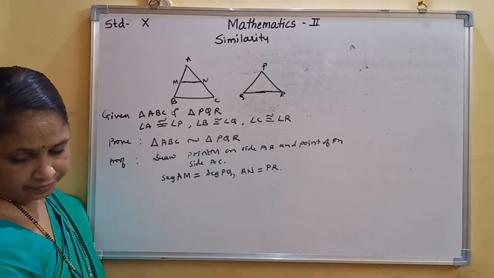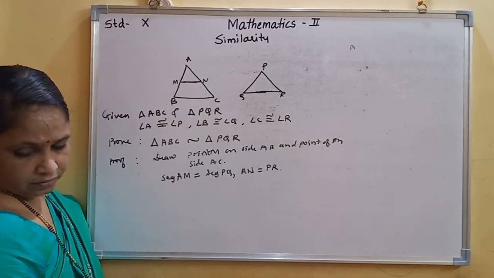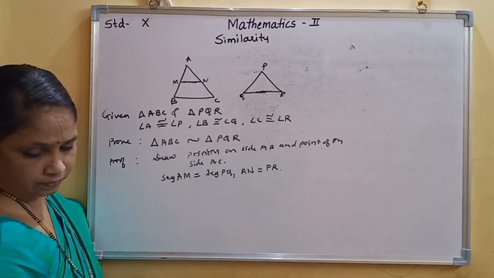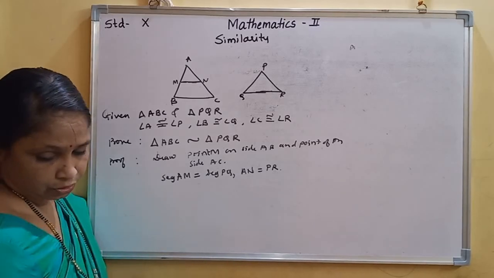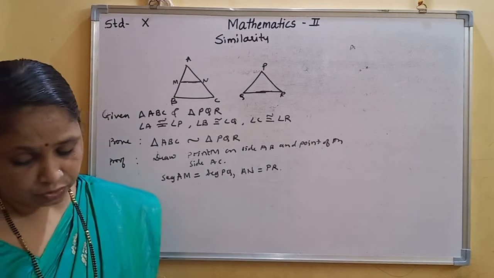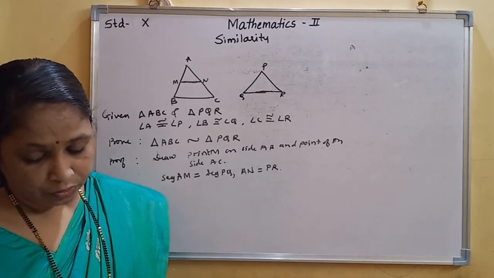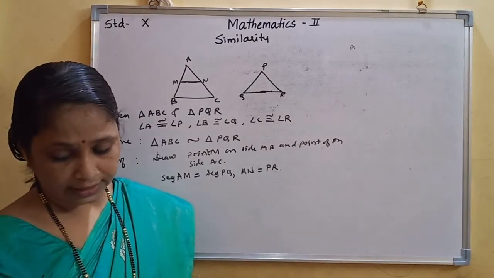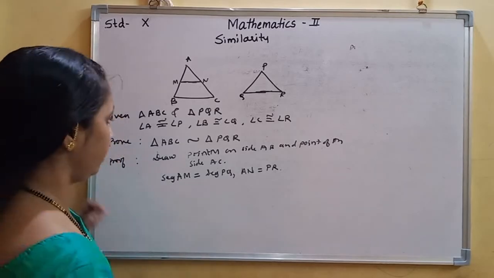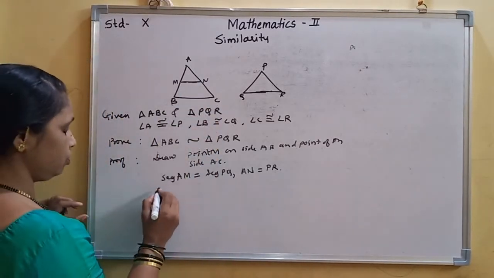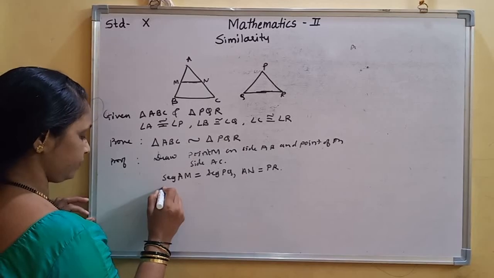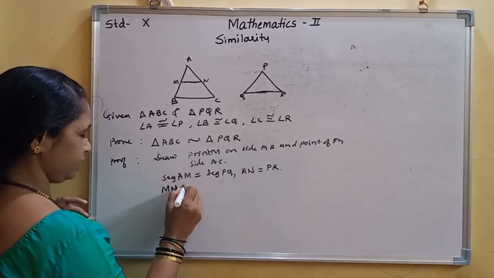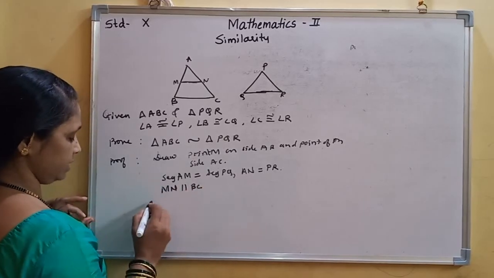Now to show that these triangles are similar, we have to show that MN is parallel to BC.